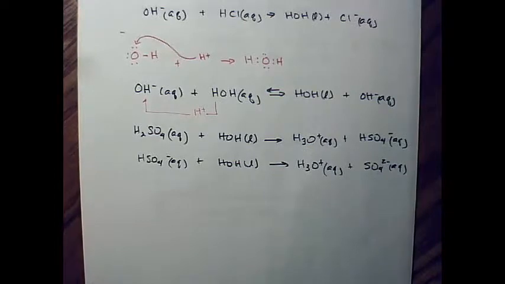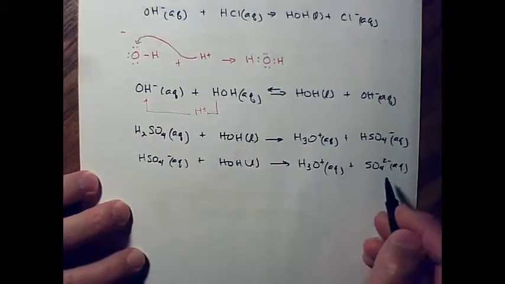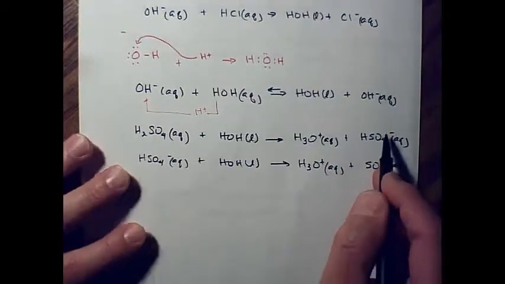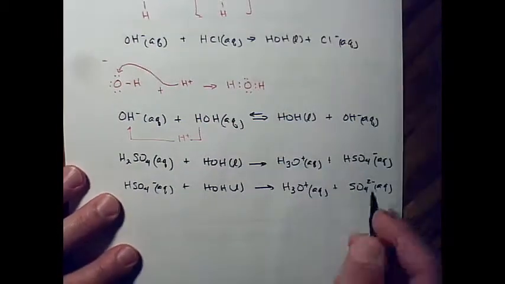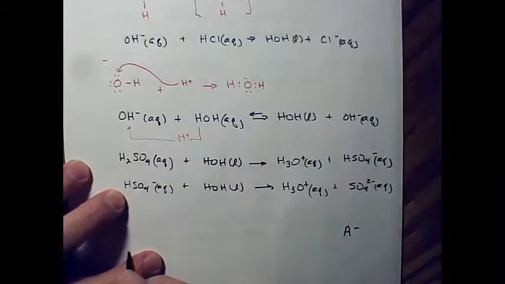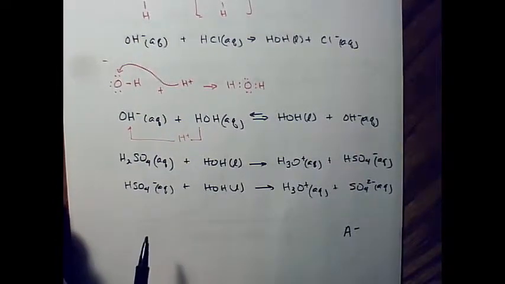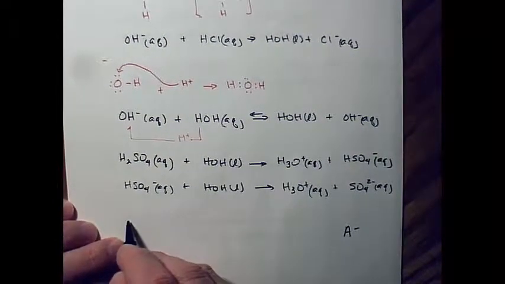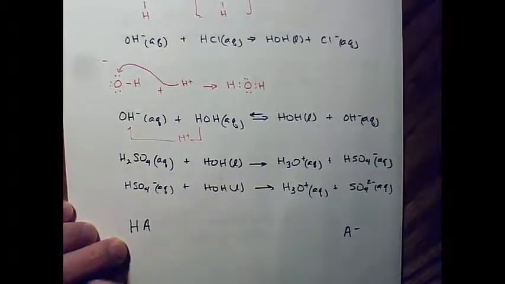So what we can do is come up with a general idea of what an acid is by writing an equation that takes into account all these different structures and formulas for acids. If this part here, and here, is all represented by A negative, or the anion, then the acid formula itself can be represented as HA.